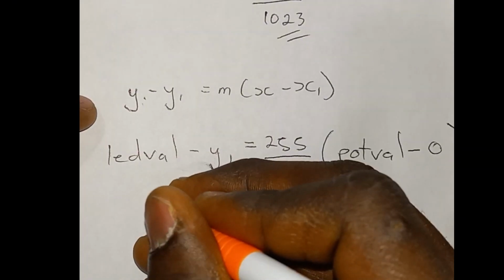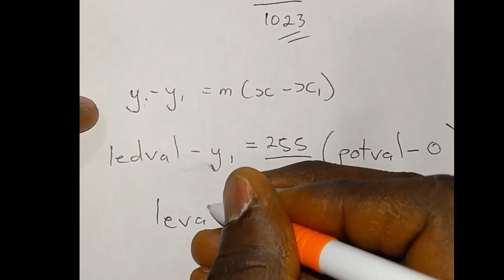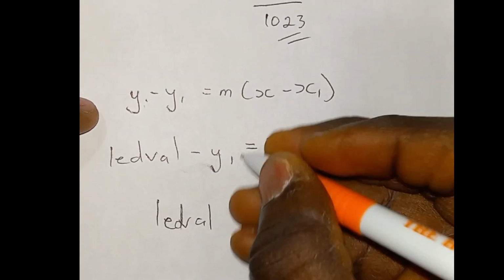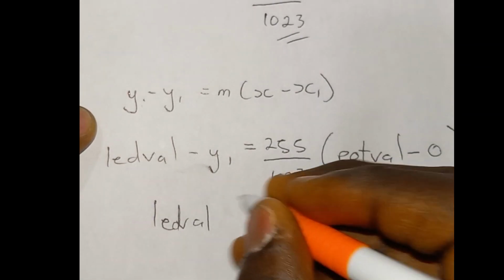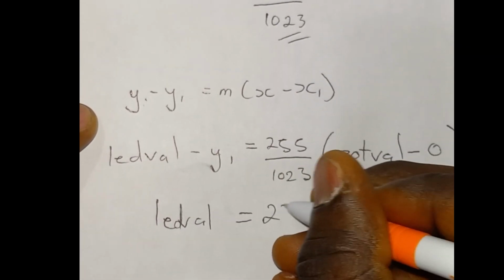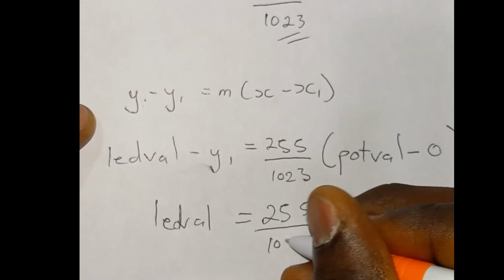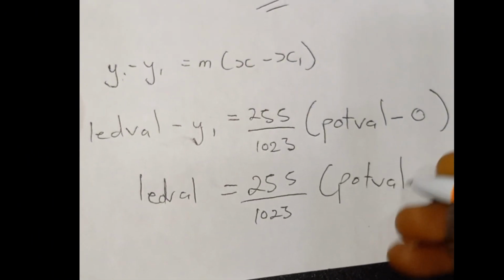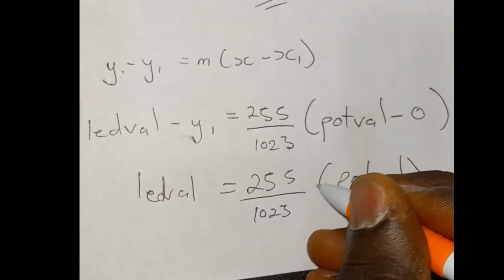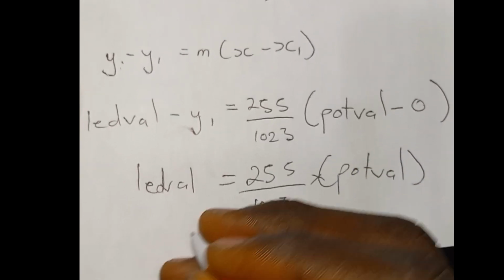So LED val, I don't need to bring this because it's 0. Negative 0 is basically still 0. It doesn't really do anything. And 255 over 1023, we have our pot val. So these are multiplying. And yeah, this is basically it.